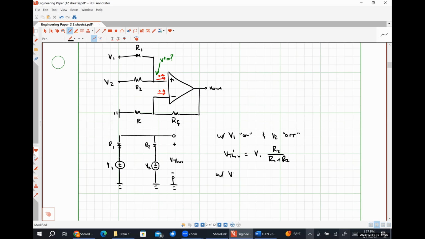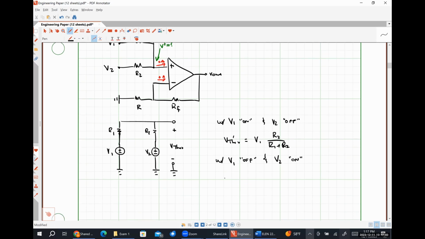With V1 off and V2 on, now the output voltage is just the voltage drop across resistor R1 because it's connected between this node and ground, which is another voltage divider circuit. So VThev double prime is going to be V2 times R1 over R1 plus R2.